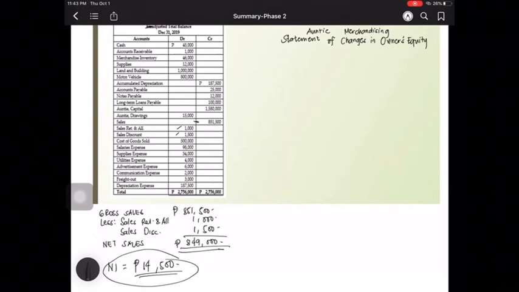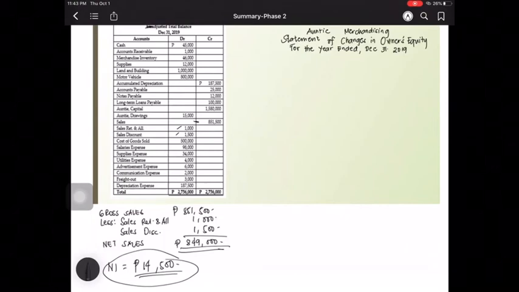Therefore, the same with your income statement, we are also going to make use of the phrase for the year ended December 31, 2019, because these amounts are applicable only during the accounting year 2019.